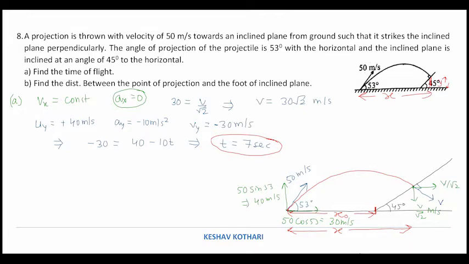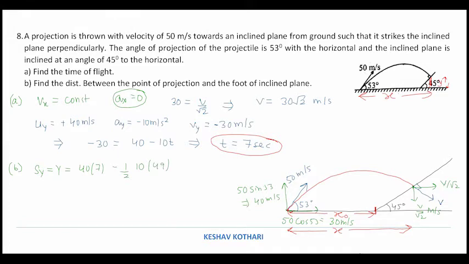Now the next question is the distance between the point of projection and the foot of the inclined plane. Now to find this out, I am finding the height y. So we are again solving along y-axis, and we are obtaining displacement along y, that is y is equal to 40t, that is 40 into 7 minus half 10 t square, that is 49.